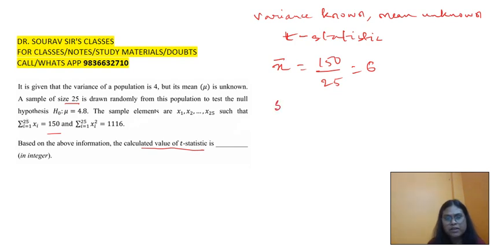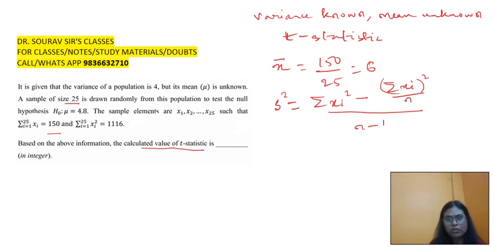Now the sample variance, small s square. So we know this formula: summation xi square minus (summation xi) square by n, whole divided by n minus 1.